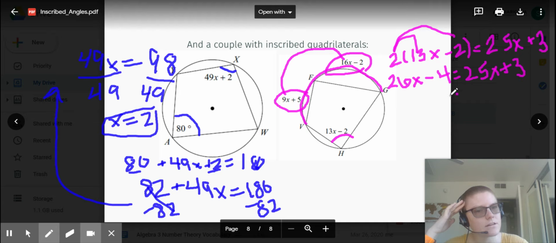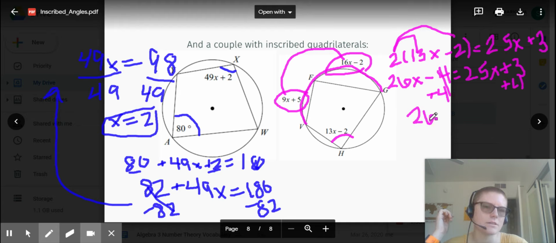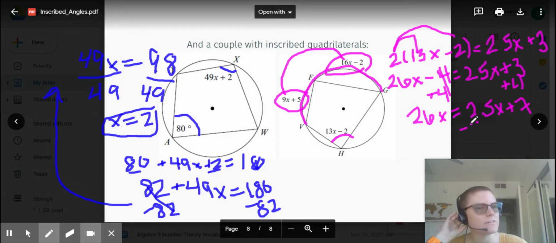Got to get that 4 over to the other side. I'm going to add it, because I don't like minus numbers. I like positive numbers. Gotta stay positive, guys. 26x is 25x plus 7. And then we want to subtract out our 25x's over here.